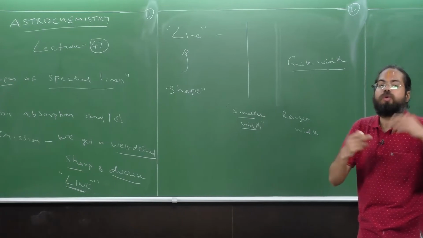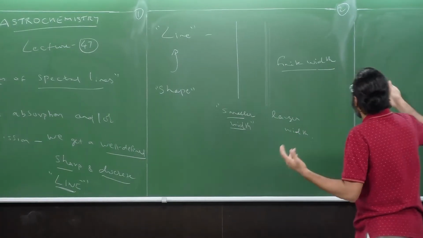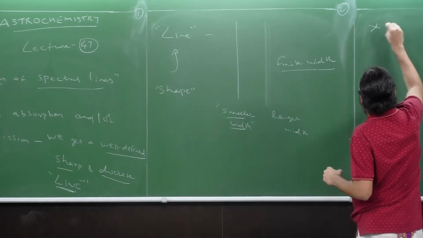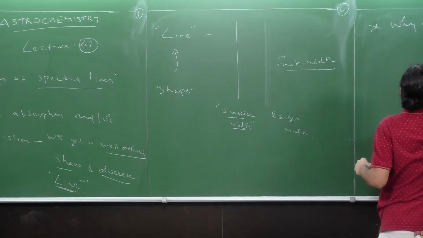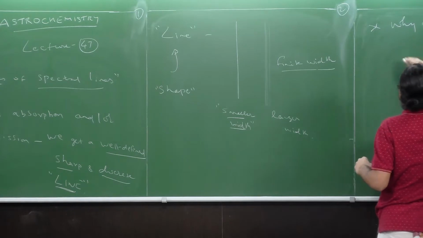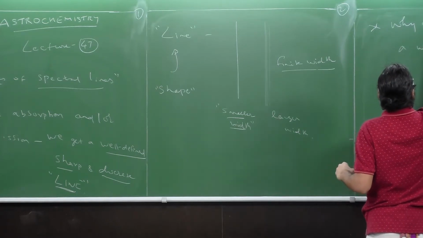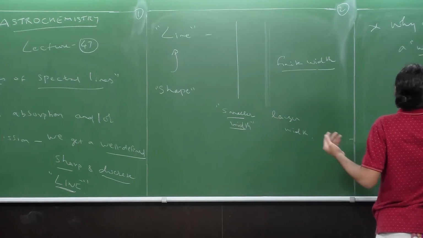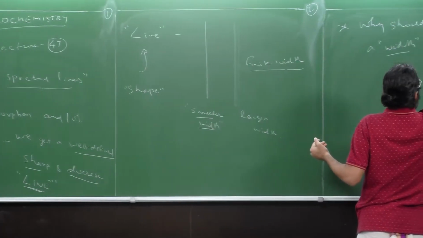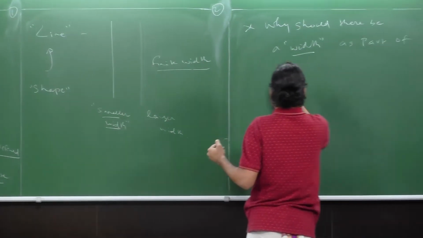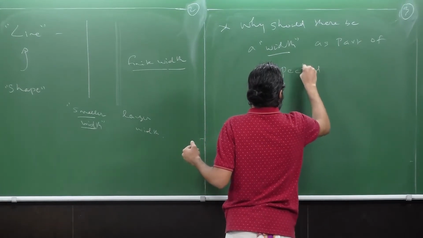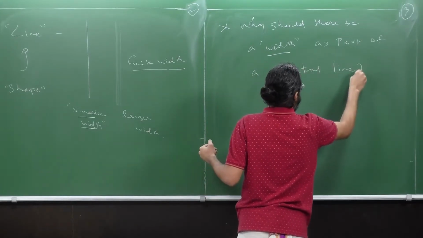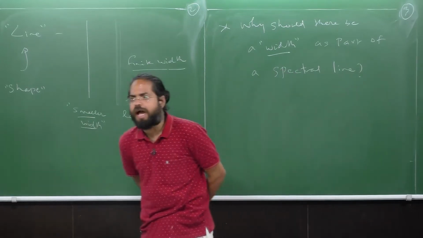But what I have not told you is, what are the factors which cause the line width? Why should a spectral line even have width?